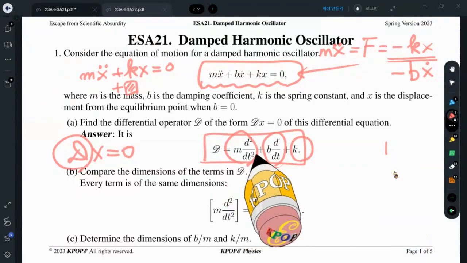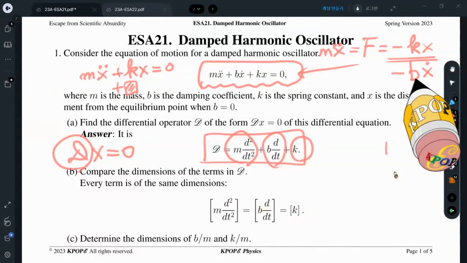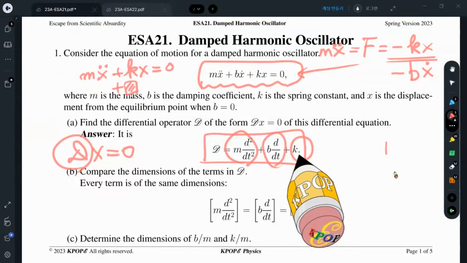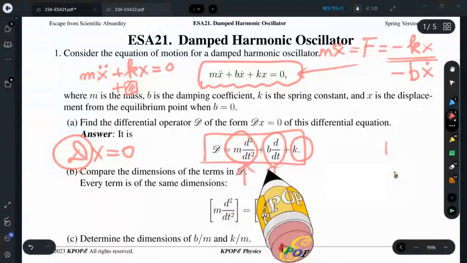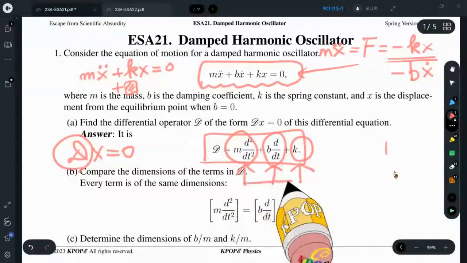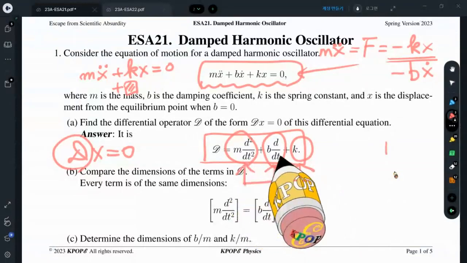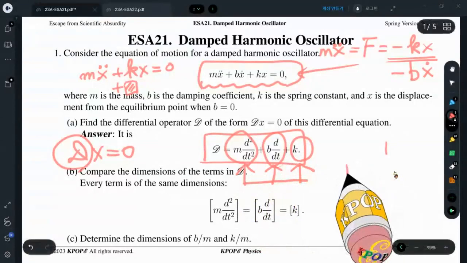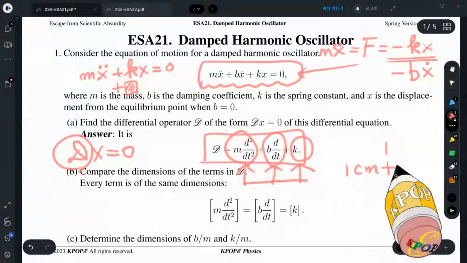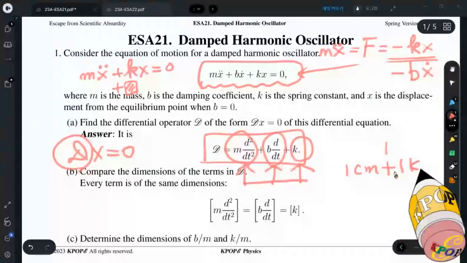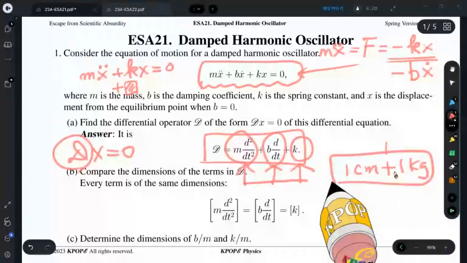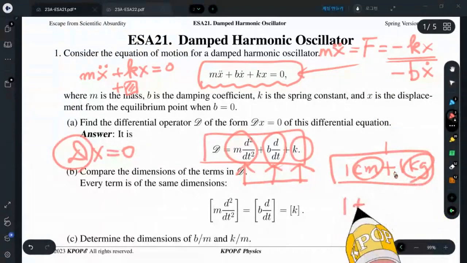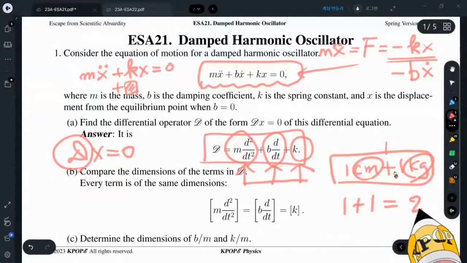Here, mass, the coefficient of the damping force, and the spring constant, these three terms can be added only if their physical dimensions are the same. For example, 1 centimeter plus 1 kilogram cannot be added. But in mathematics textbooks, they don't tell you about this. Just 1 plus 1 is 2.